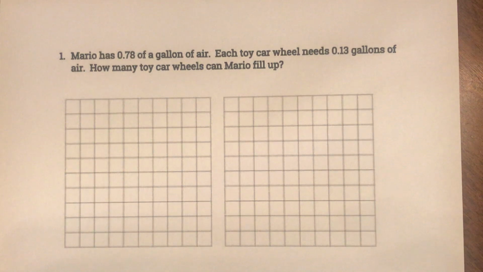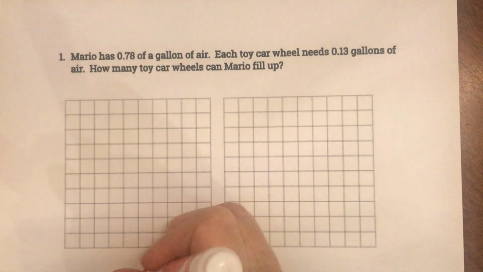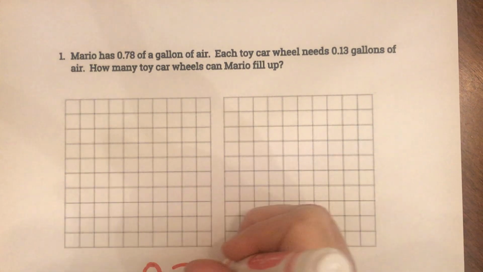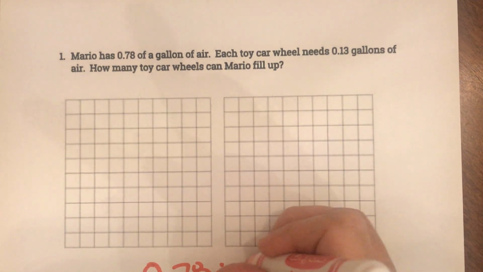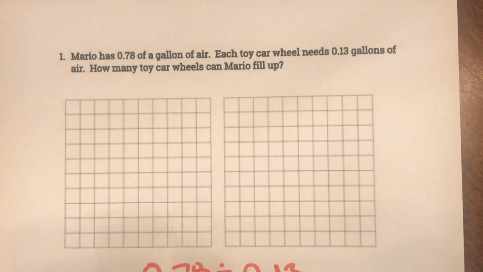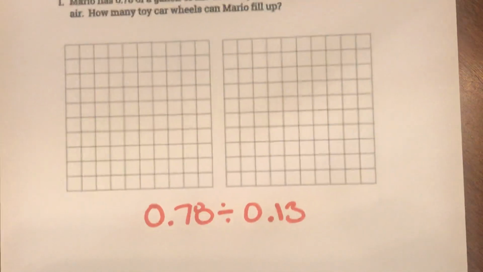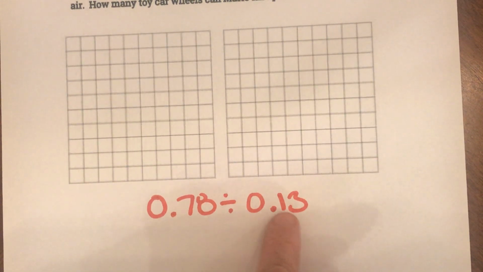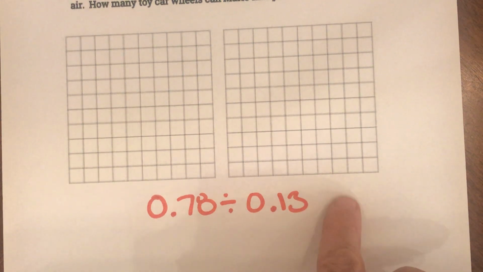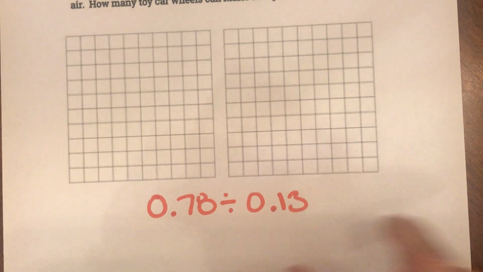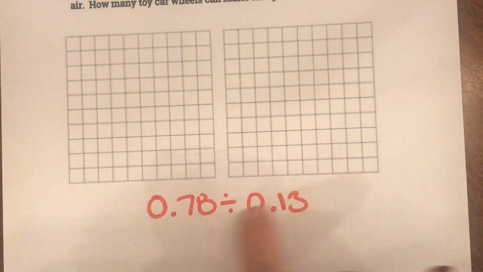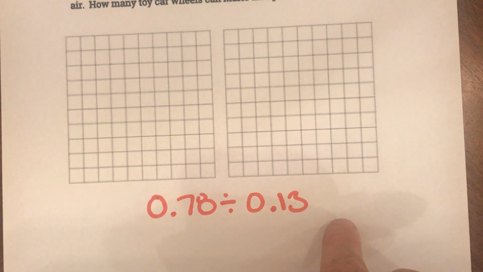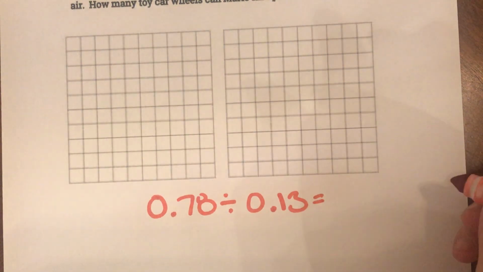I see that my equation is 0.78 divided by 0.13. So this is how much air he has. And then he's dividing it into groups with this much in each. But I don't know how many groups he can make because each group is going to be one wheel, and that's what I don't know. So this is my dividend, this is my divisor, and we're looking for my quotient.